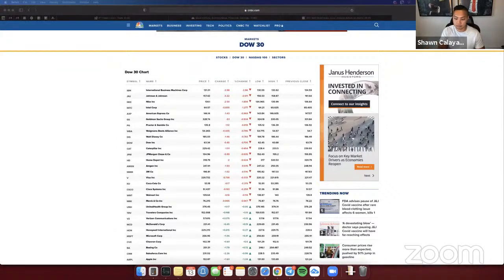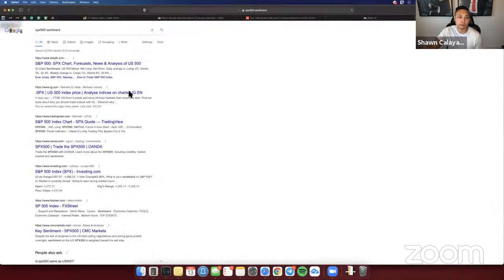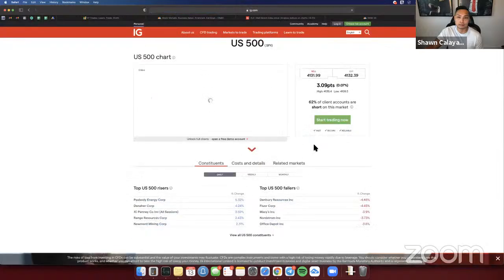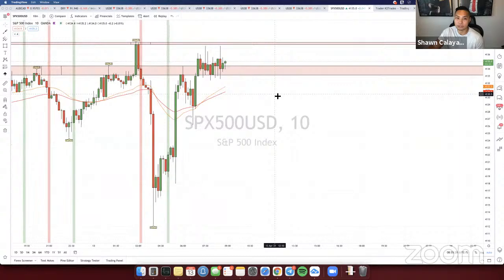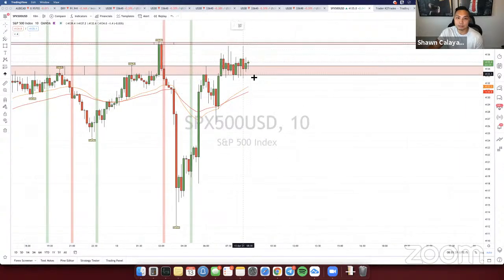So SPX 500 sentiment. It's pretty flat right now. There's only 62% of retail traders that are short right now for S&P. So I think it's going to be hard to tell what's going to happen from this point, Jeff. I personally think it would break above though.